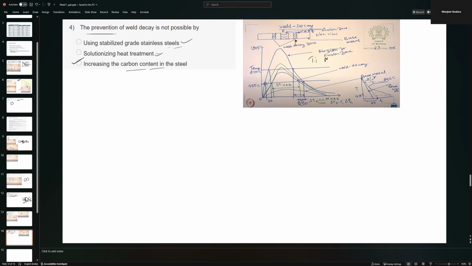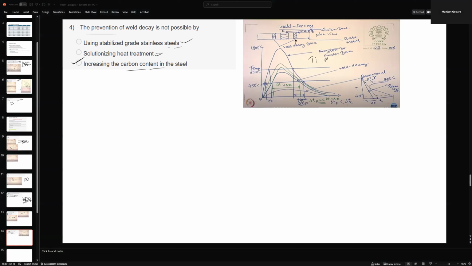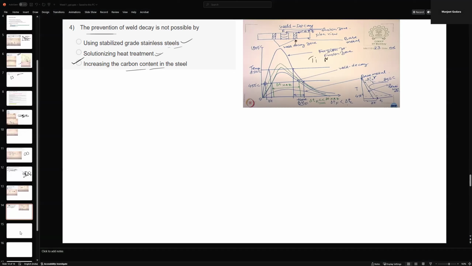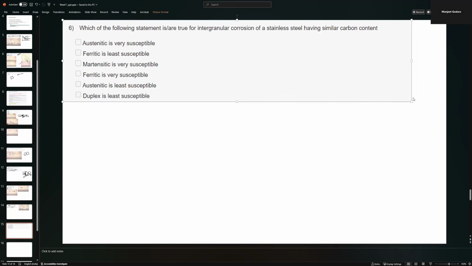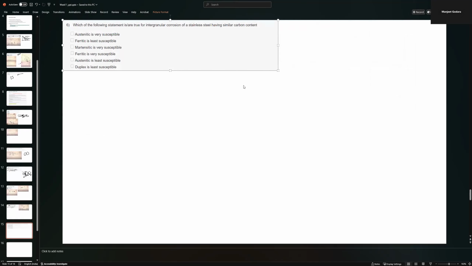Fifth question I have already discussed. Which of the following statements is true for IGC? Stainless steel having similar carbon content.